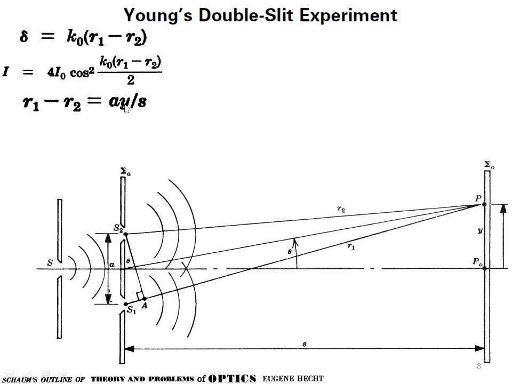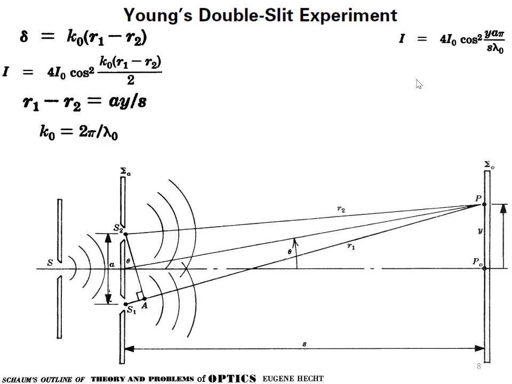This is y. I'm sure you have done it. You do it as homework. So that is r1 minus r2, and you know k naught is equal to 2 pi by lambda naught. Therefore intensity, by substituting these values, will be given by this expression.